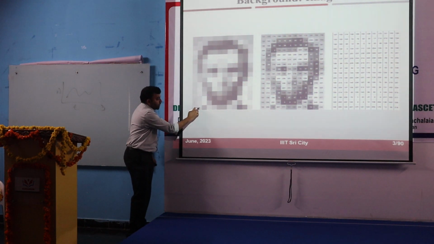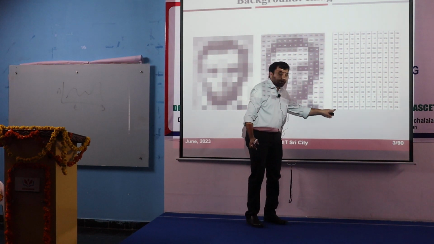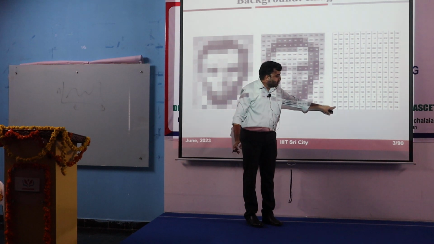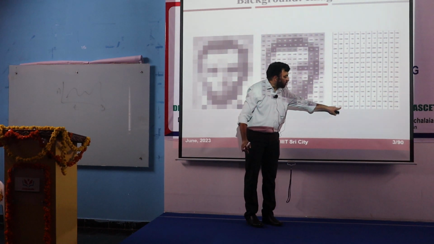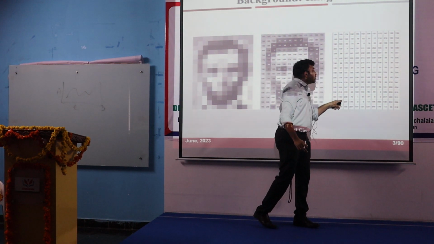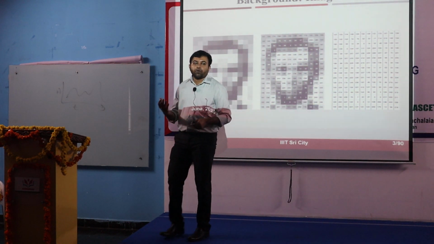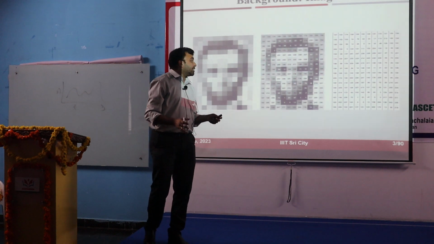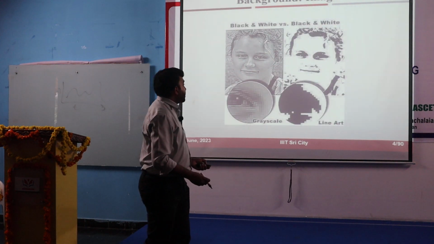At x equals 0, y equals 0, this was the value. At x equals 0, y equals 1, this is the amplitude, right? So I can say that this is a two-dimensional signal where the values vary with respect to x and y. So we can say that an image is nothing but a two-dimensional signal.